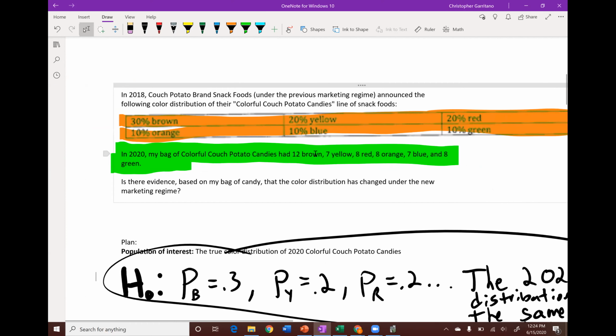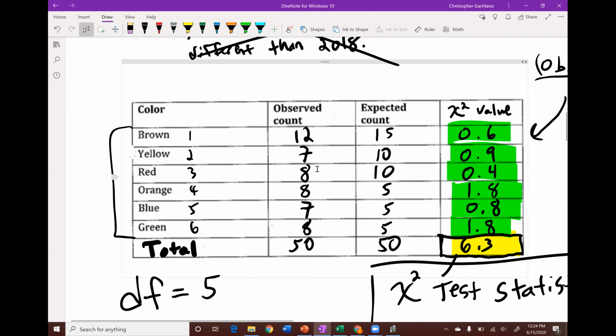And the reason we need, of course, counts is, well, if we didn't have observed counts, we wouldn't then be able to calculate the test stat. So we do need counted data, or the ability to convert our observed data into counted data, and our sample size assumption. So this is very similar to, I guess, the success failure condition in some way. We want to make sure that our expected counts are all at least 5.